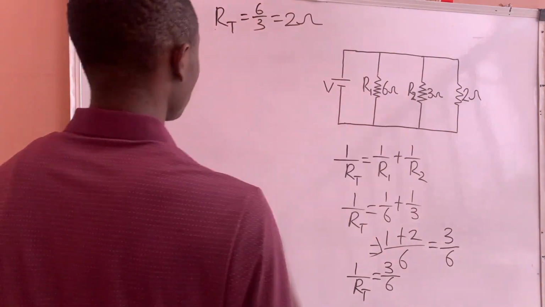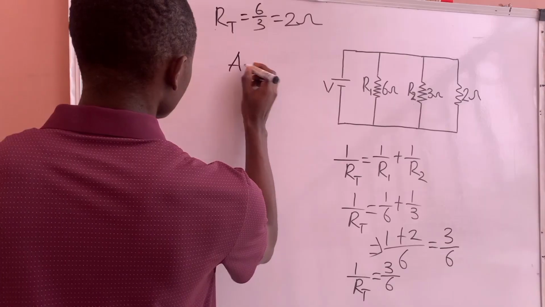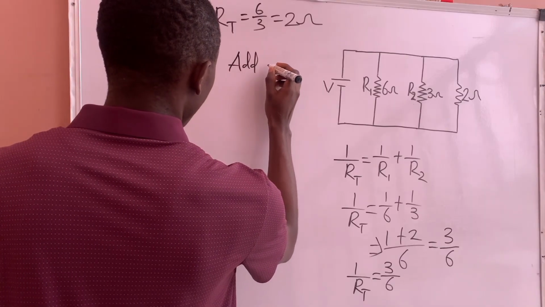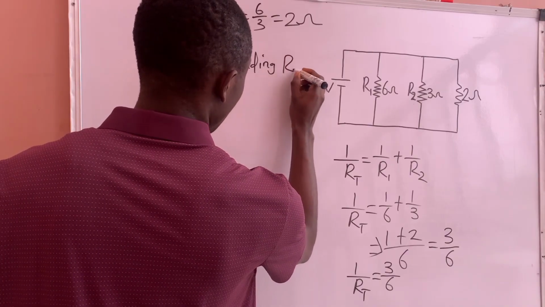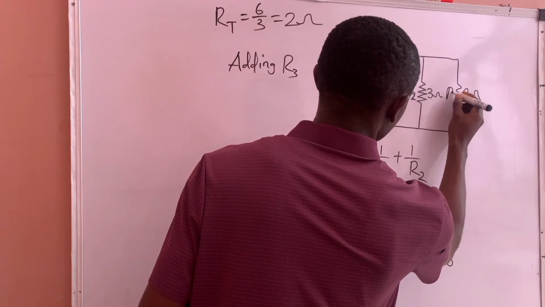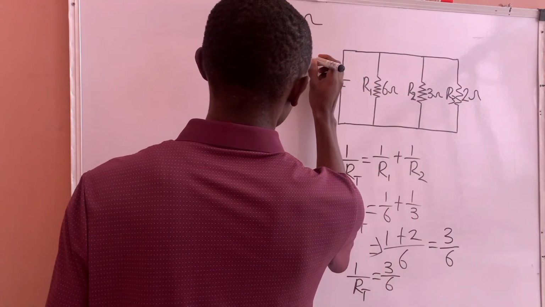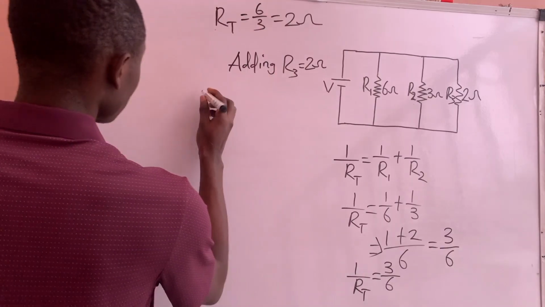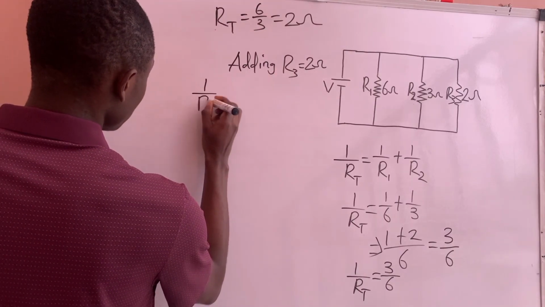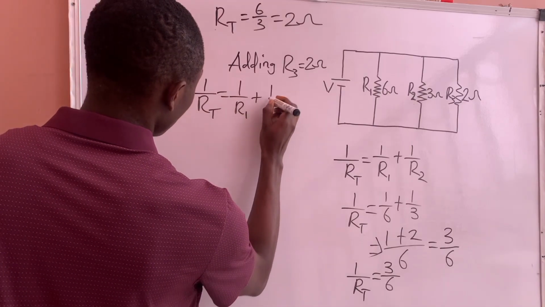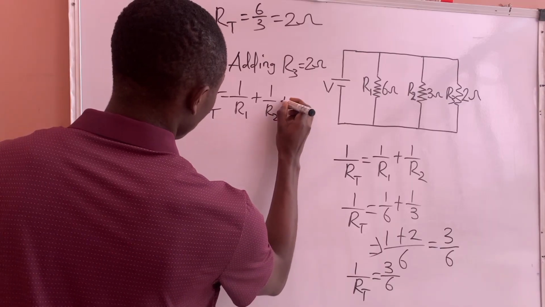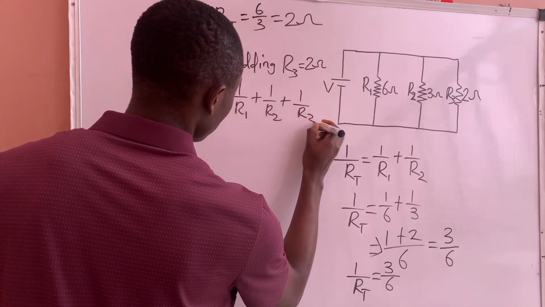So at this point, when we add 2 ohms as R3, which equals 2 ohms, the total resistance will be 1 over RT equals 1 over R1 plus 1 over R2 plus 1 over R3.